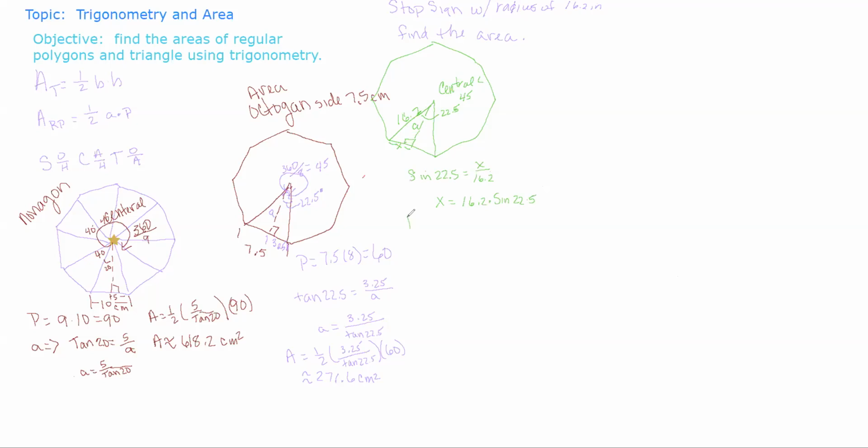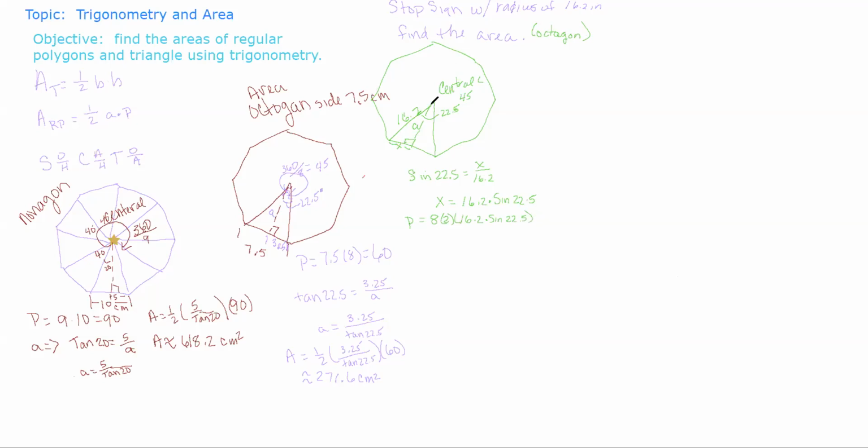Then the perimeter is going to be equal to, this is an octagon, so it has 8 sides. So it's going to be 8 times 2 times this expression, 16.2 times the sine of 22.5. That's going to give me my perimeter.